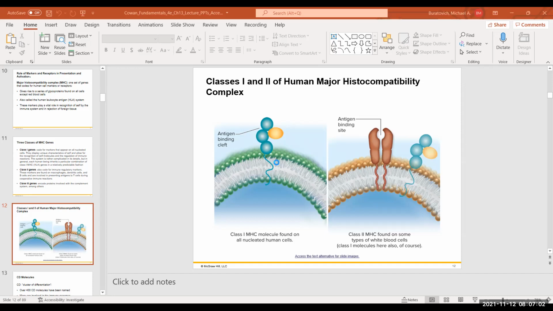Then when you had a second shot, it caused another expansion, and other cells were put aside as memory cells. Now you've got memory cells, so if you get exposed again, those cells will expand and your infection will either be asymptomatic or pretty minor, because now your immune system remembers; it's primed.